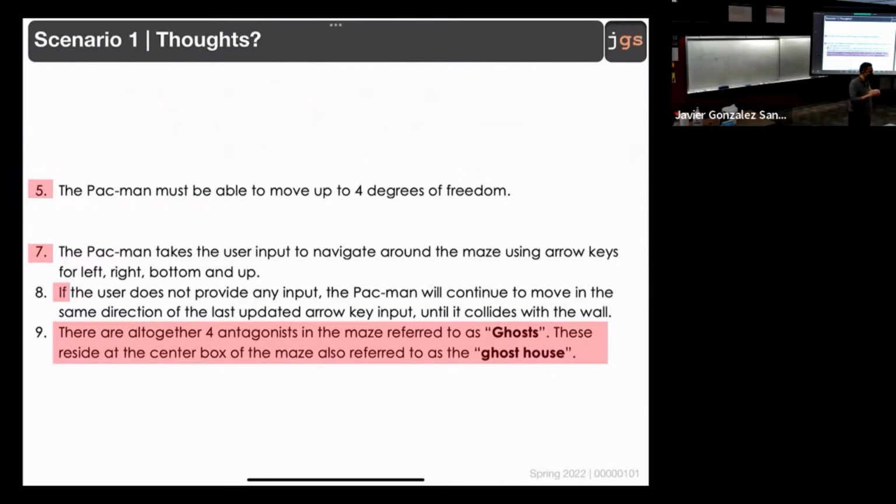That part maybe can be explained in a different way, but so far it can be understood. Worst case scenario, we need to search what the meaning of that is. And okay, I can agree that it's up, down, left, right. So it makes sense. The 7 looks like also a requirement that is functional. The Pac-Man navigates the maze with arrow keys, left, right, right?